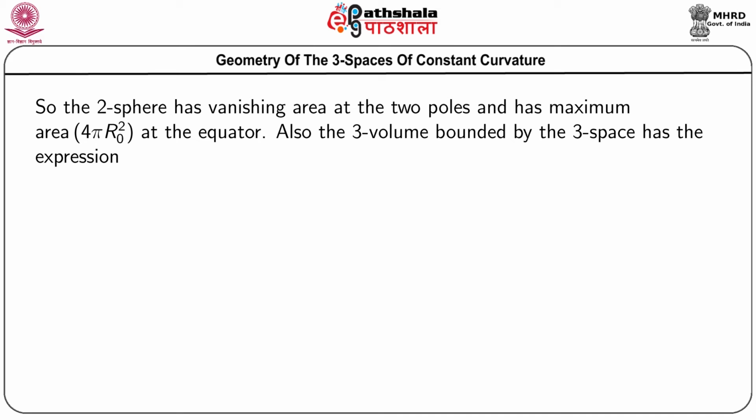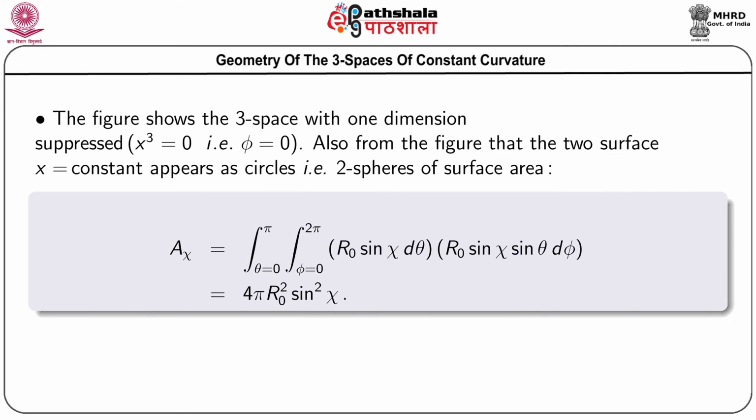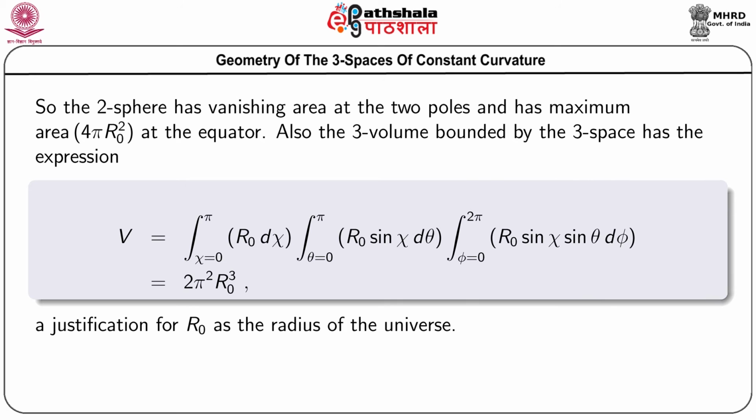Also, the 3 volume bounded by the 3 space has the expression, this one, χ from 0 to π of r0 dχ, θ from 0 to π of r0 sin χ dθ, and φ from 0 to 2π of r0 sin χ sin θ dφ. So, finding this integration we get the volume as 2π² r0³. And this is the justification for r0 as the radius of the universe.